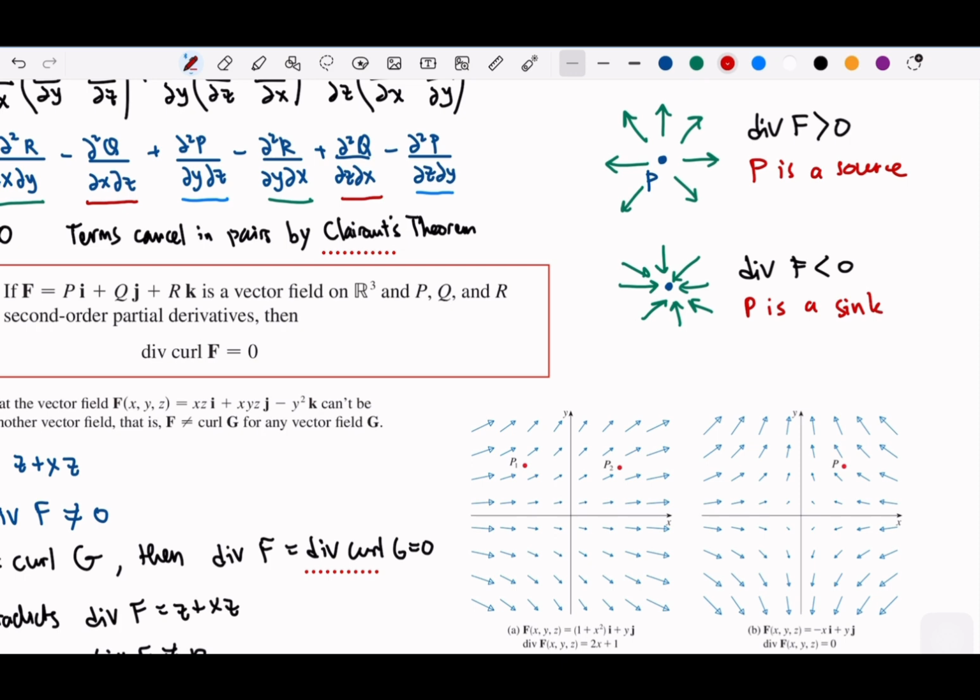Sink, like when you wash your hands, the water goes to the center. So we call the point P a sink. When you see any divergence that is negative, that will be a sink. Because div F is a scalar field, based on the point you put, it could be positive or negative.